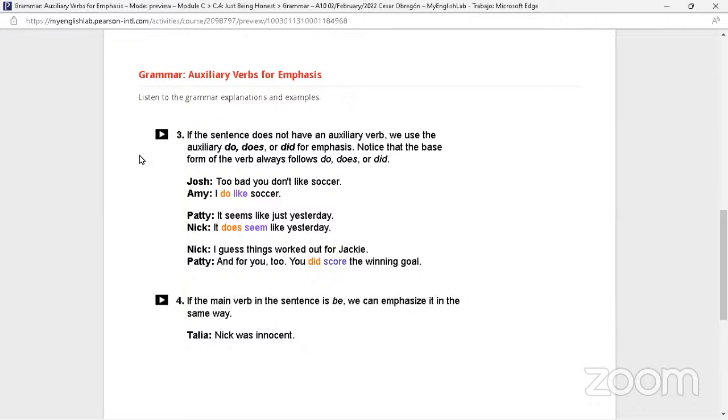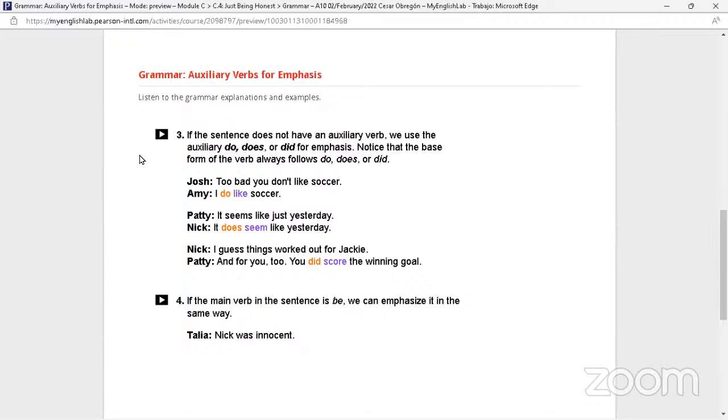Okay. So when people ask me how these emphases would sound in Spanish: too bad you don't like soccer, I do like soccer. So remember, I cannot translate, I can only interpret. I do like soccer.